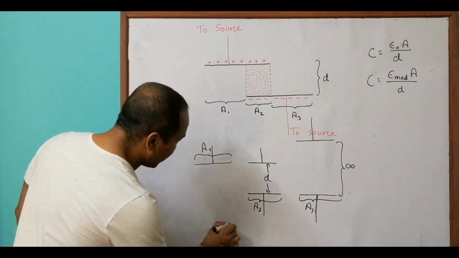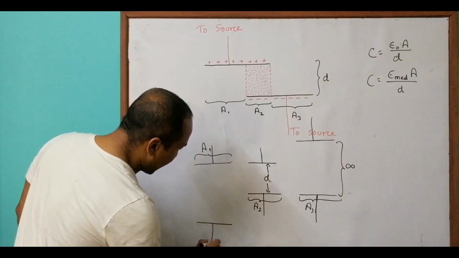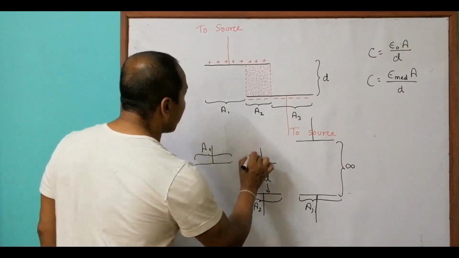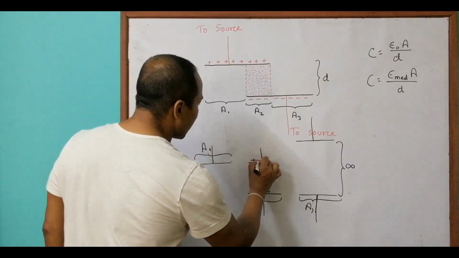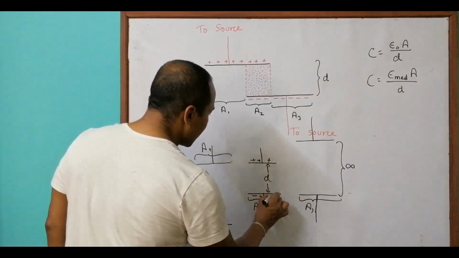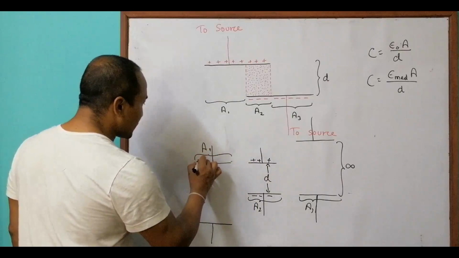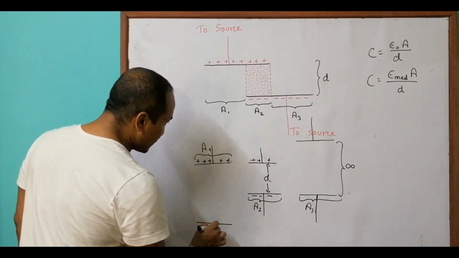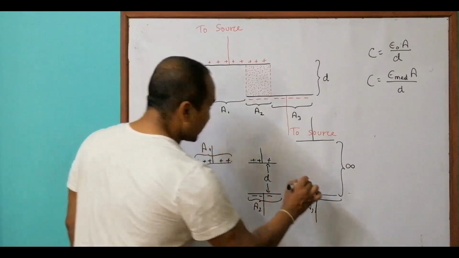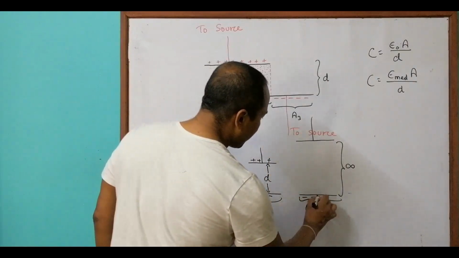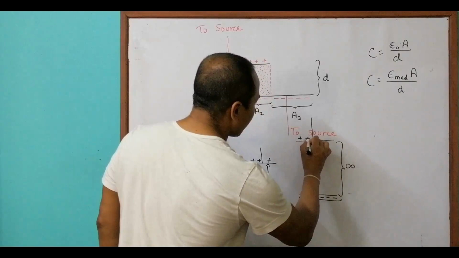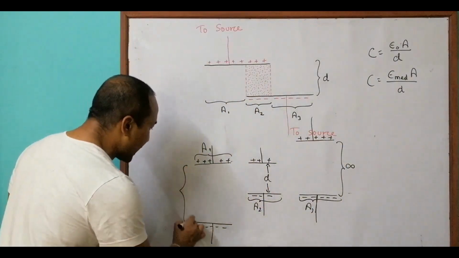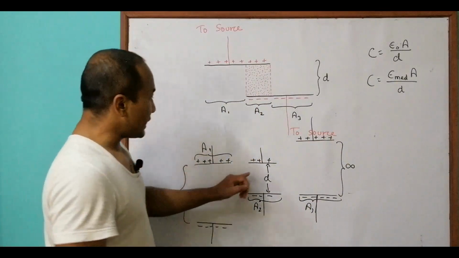So let me draw it here: this is 3 pluses and 3 minuses. Here I have 5 pluses, 1, 2, 3, 4, 5, so this should be 5 minuses. So this is at infinity, this is at infinity, and this is at D.